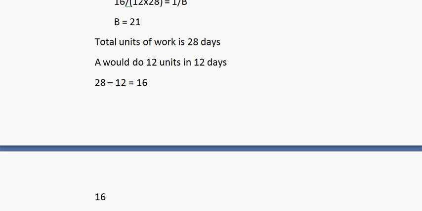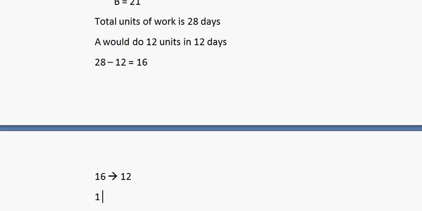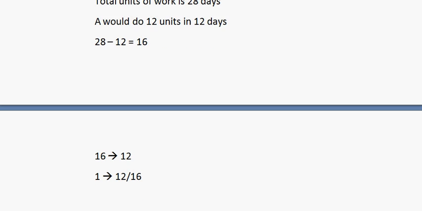So 16 units were done by B in 12 days. 1 unit would be done in how many days? 12 by 16. Total unit of work was 28, right? So 28 units would be done by him in how many days? It would become 3 by 4, this multiplied by 28, which would be equal to 21, right?